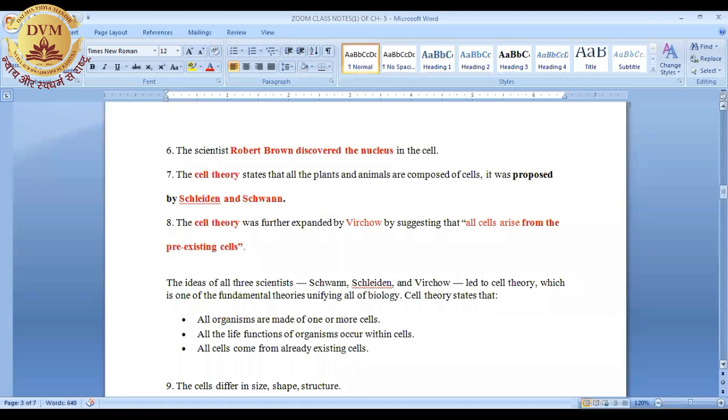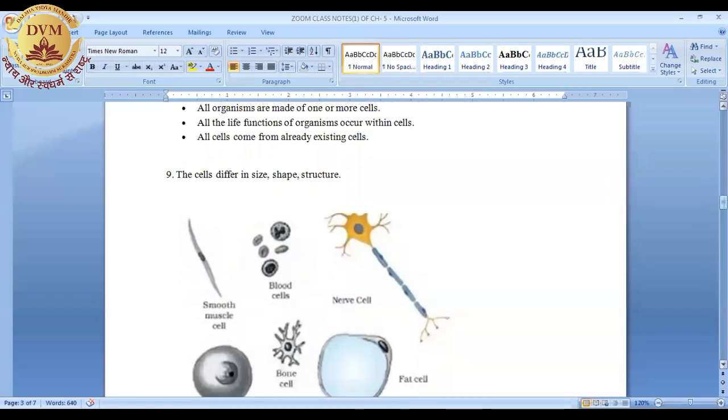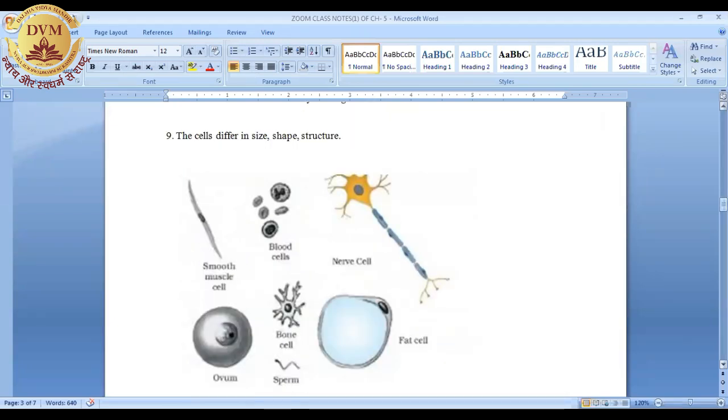And all of you know that cells are different in shape, size and structure. You can observe in your body that there are different kinds of cells. You can see that the muscle cells are long and spindle shaped. Your blood cells are round or disc shaped, right? Your nerve cells are star shaped. You have read in 8th class about the nerve cell.